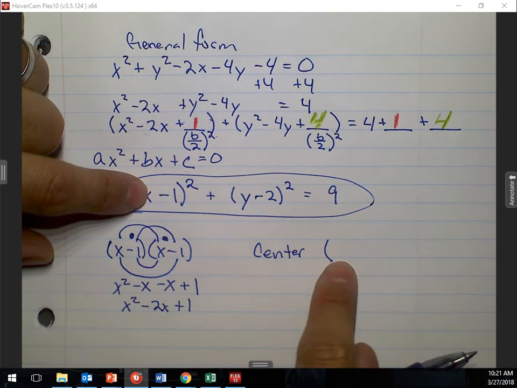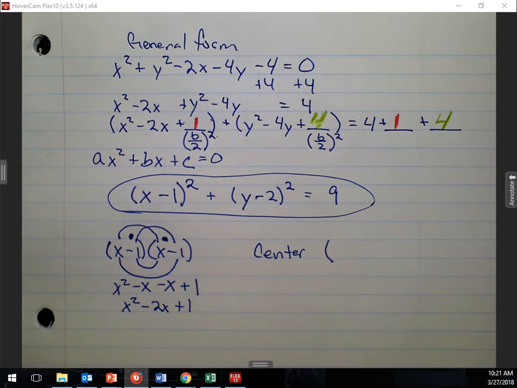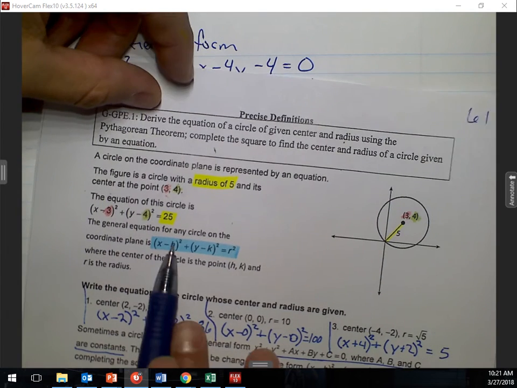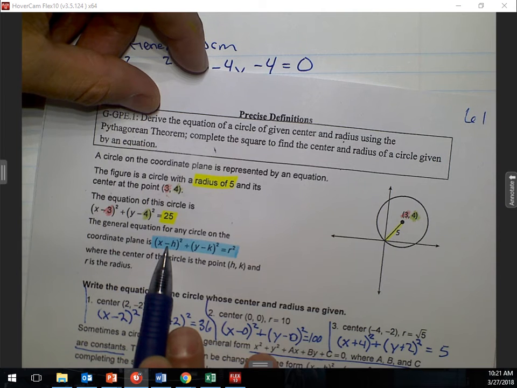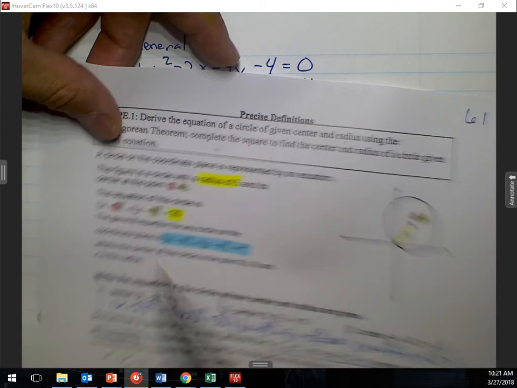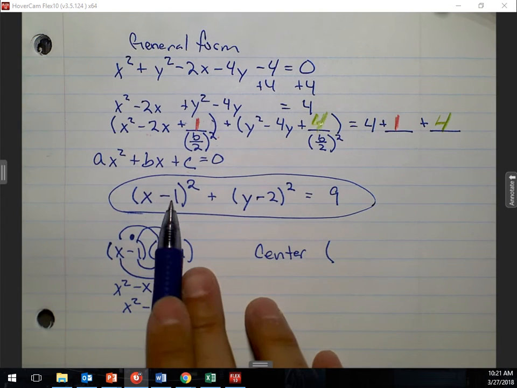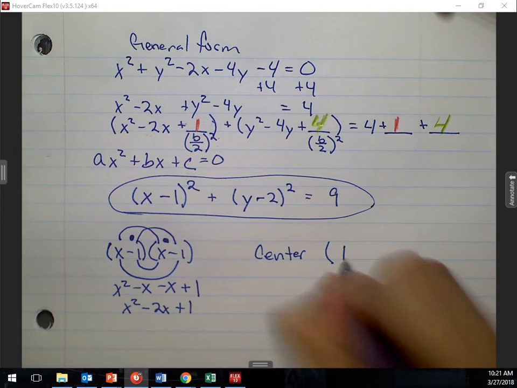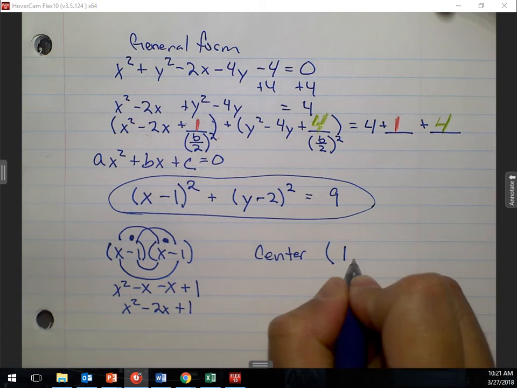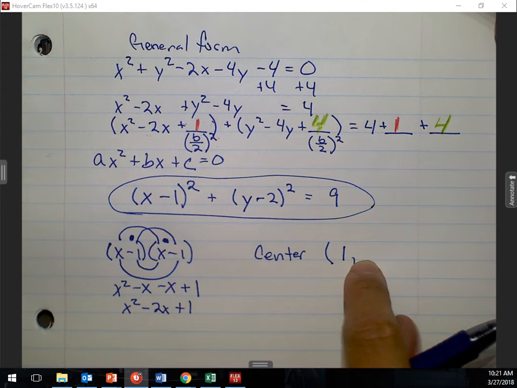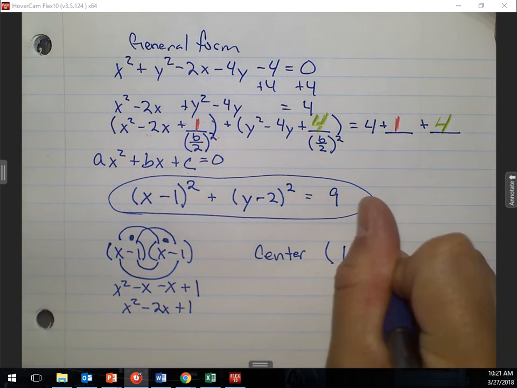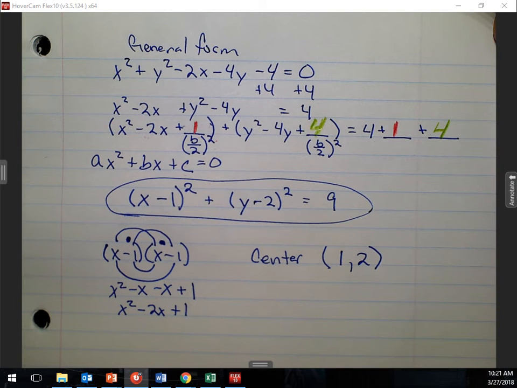Now remember, from my formula right here, isn't it always opposite? There should always be a minus sign, so it's +1. Since this is x minus 1, it should be a +1. And this is y minus 2, so what is my y value? +2. So my center is there.